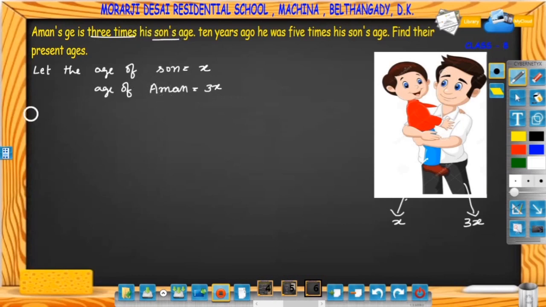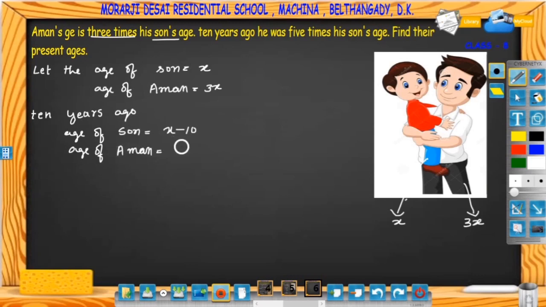Now 10 years ago, what was their age 10 years ago? 10 years ago means 10 less. For both of their ages we have to subtract 10. 10 years ago age of son is x minus 10. Age of Aman is 3x minus 10.